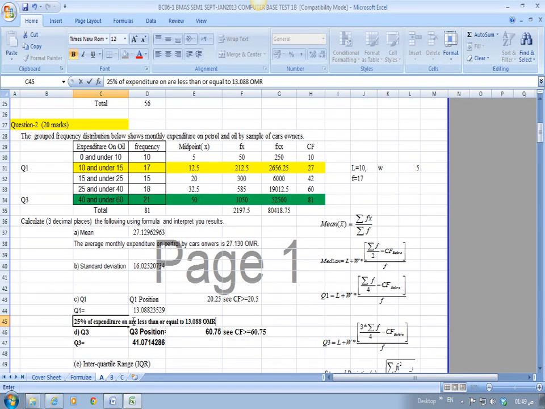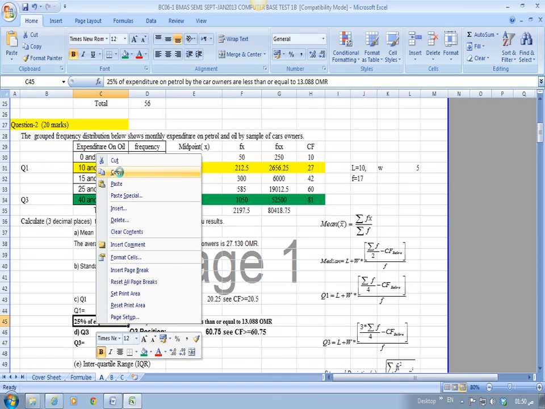That is, 25% of expenditure on petrol by the car owners are less than or equal to this value.